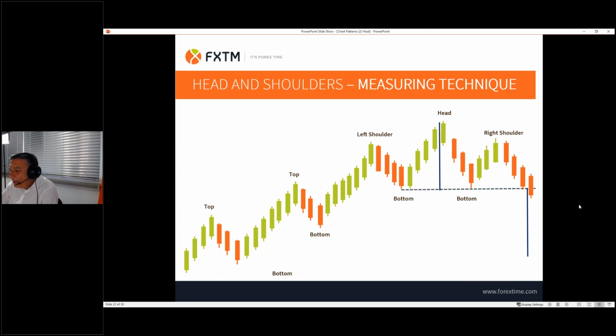Question from Avdap. What time of day is better for trading? It doesn't really matter as long as you identify the trend and then you spot the reversal, it's very good. Okay?